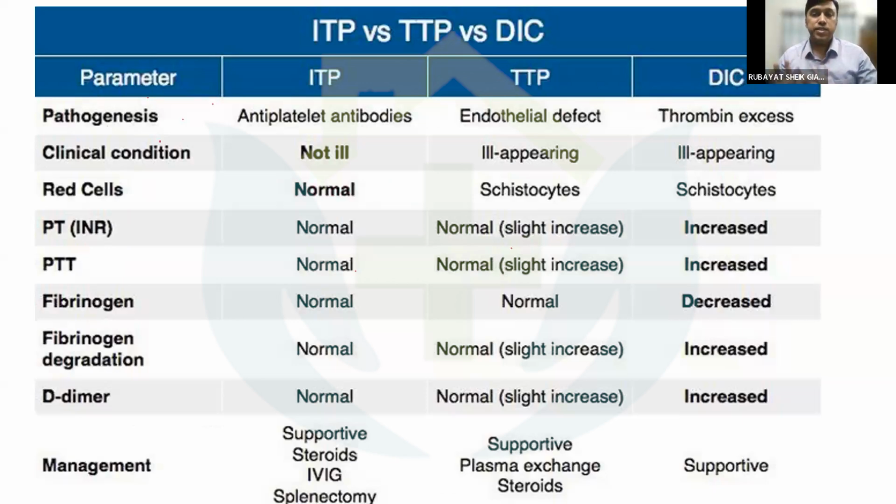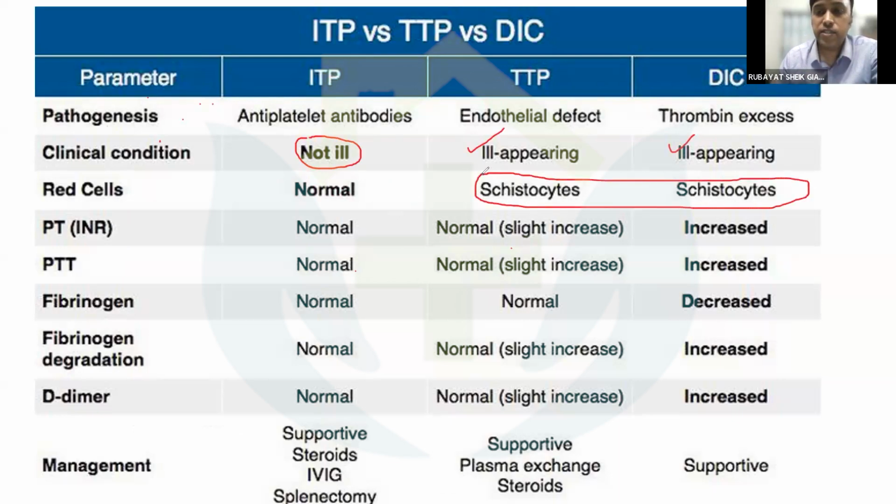ITP, TTP, DIC. You may get confused from your case, which is which. Let's look at the differences and summarize what we have learned so far. ITP patients are very stable, with minimal symptoms. TTP and DIC patients will be very toxic. Microangiopathic hemolytic anemia and schistocytes: only in TTP and DIC, never in ITP.